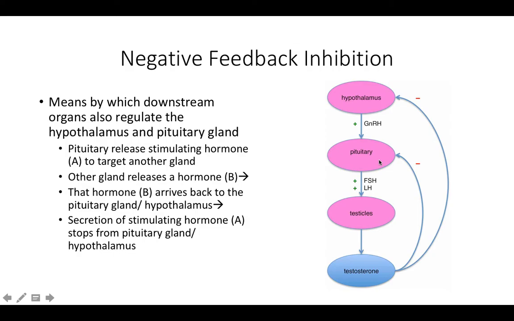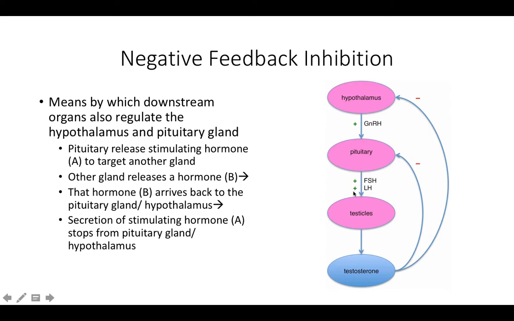Okay, so in general, what happens with this process is that the hypothalamus is going to secrete some sort of excitatory or stimulating or releasing hormone, or an inhibitory hormone. In this case, it's a stimulating hormone. So the stimulating hormone is released to the pituitary gland. The pituitary gland releases its own hormones.